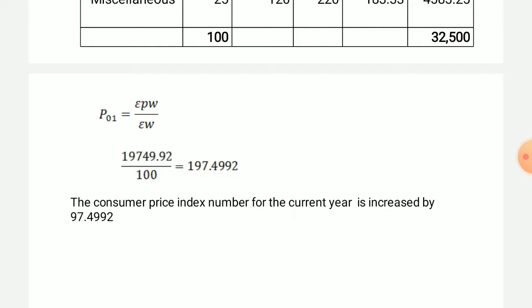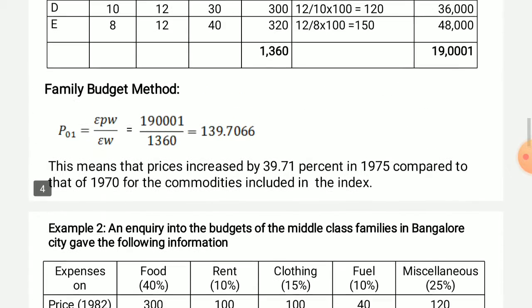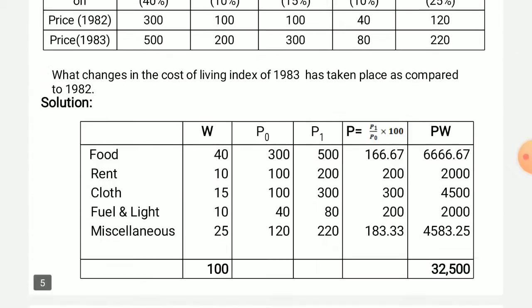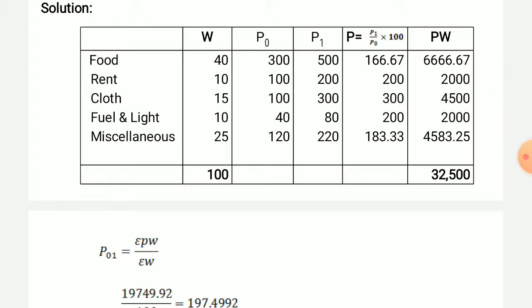So here the consumer price index number for the current year is 325. It increased by 225, that is 325 minus 100 is equal to 225.